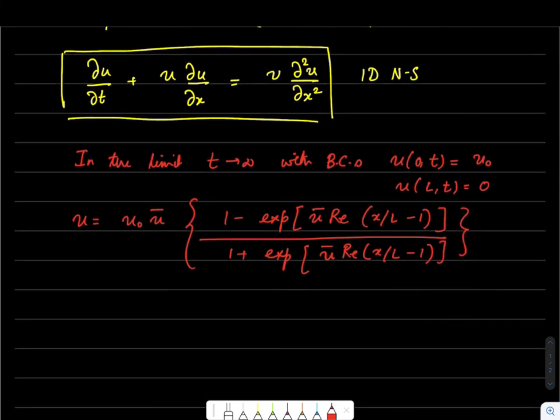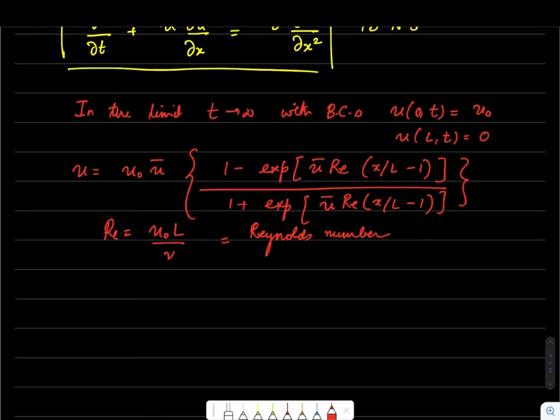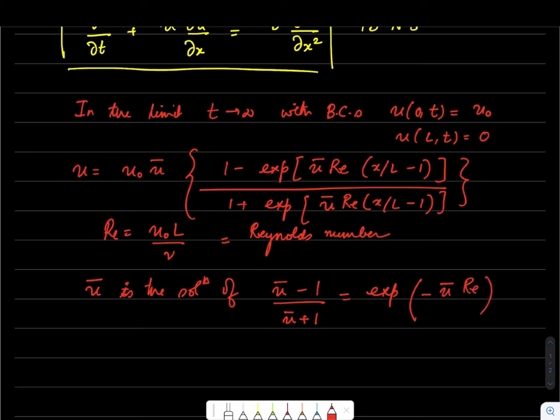Here in this equation, Re is the Reynolds number, which is u0 L by nu, and u bar is actually given by another transcendental equation, which is the solution of (u bar minus 1) by (u bar plus 1) equals exponential of minus u bar Re.